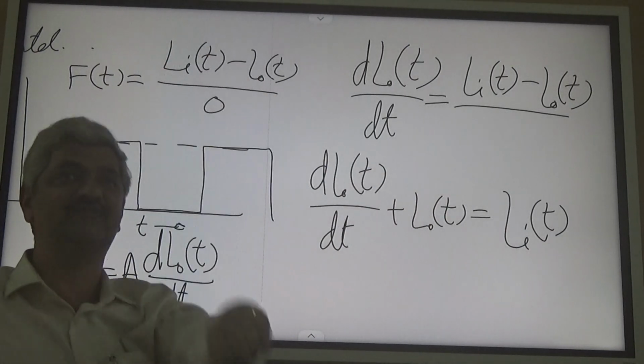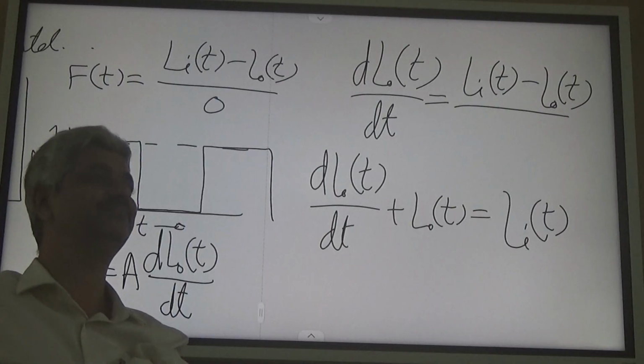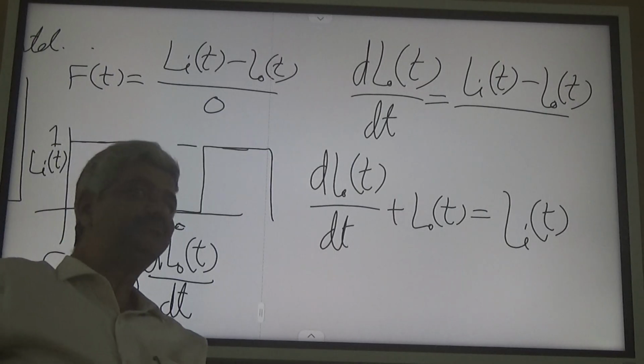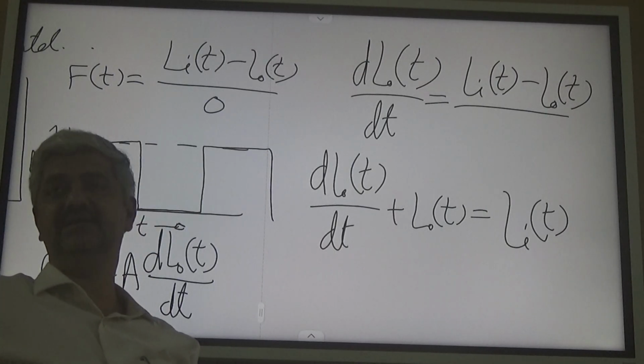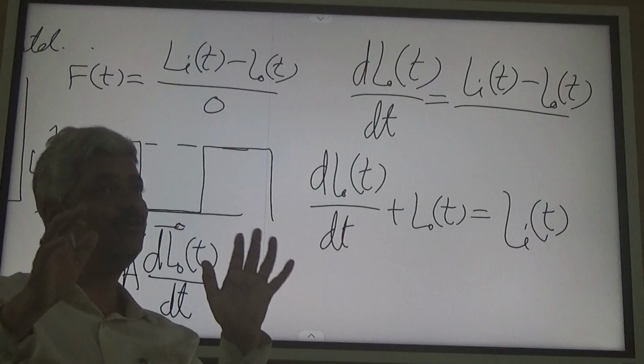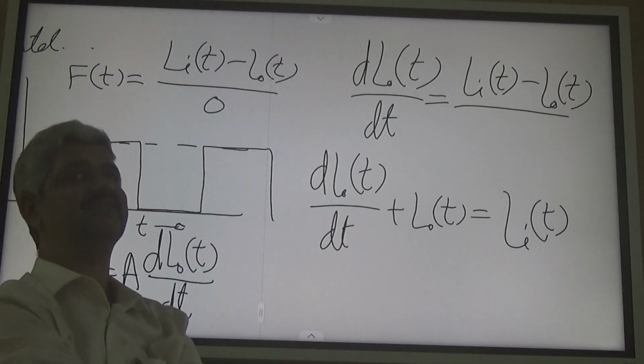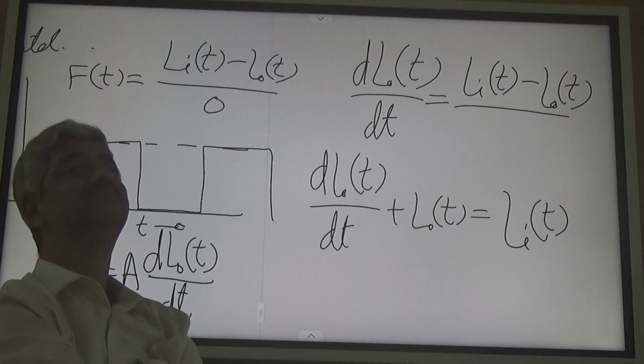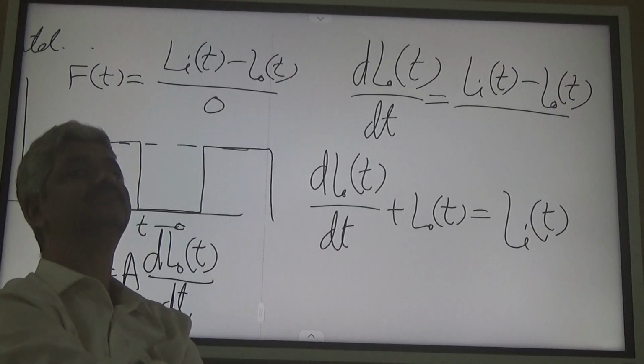Now what is the solution of this differential equation? Is the idea clear? How will you solve this differential equation?